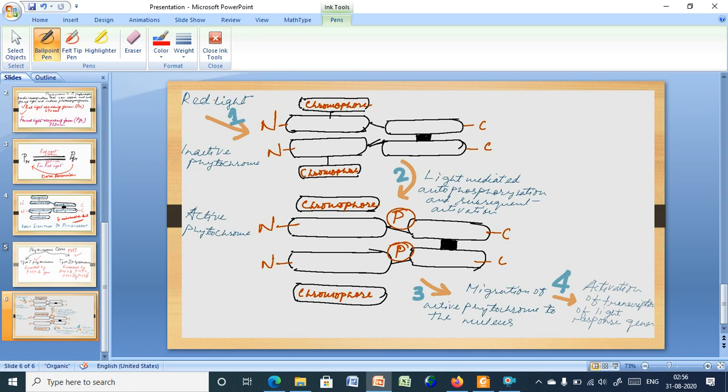As we all know, phytochrome possesses a serine or threonine kinase activity, and parts of its structure show a similarity with histidine kinase, similar to bacterial chemotaxis.